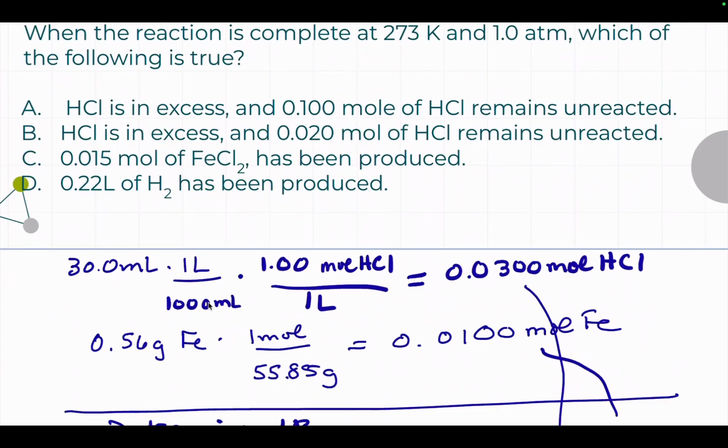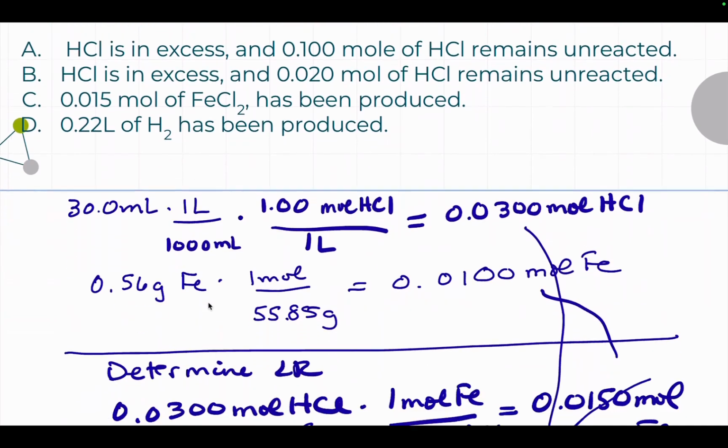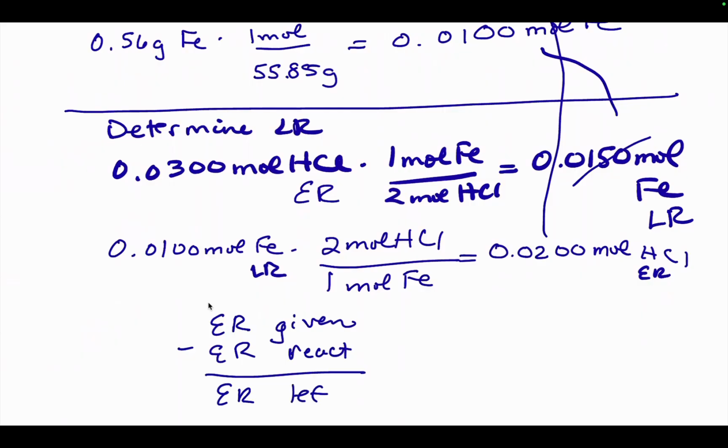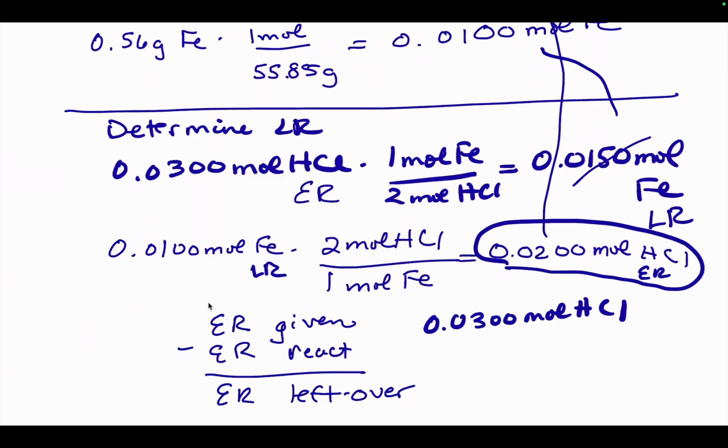So what we would want to do then is calculate how much left over there is. And what I would do there is, remember, I take my excess reactant amount that's given, subtract the excess reactant amount that will actually react, and then that's how much leftover, unreacted. So in the question, I have 0.0300 moles of HCl, and then right here, if you hadn't done that, you would want to calculate that amount.